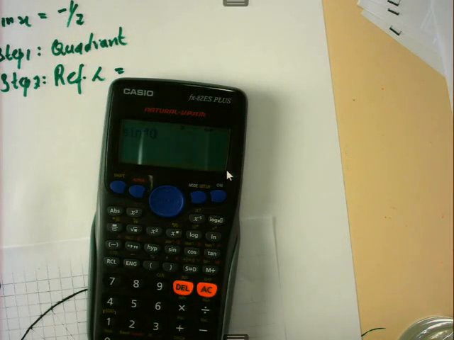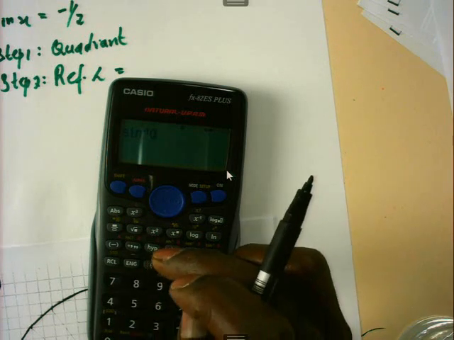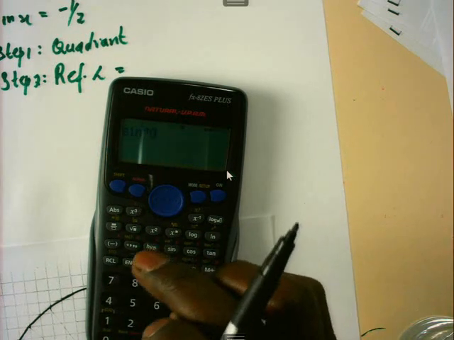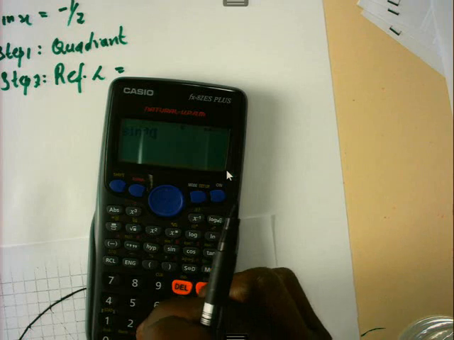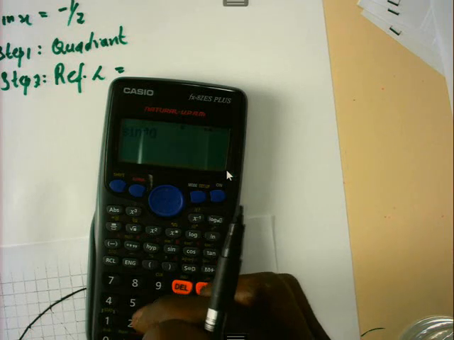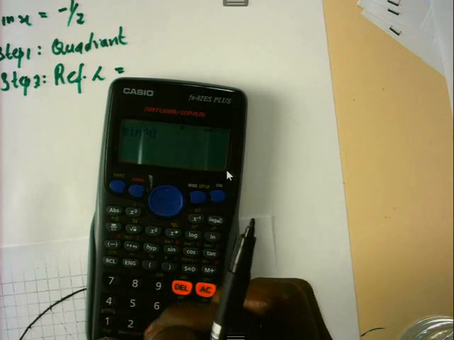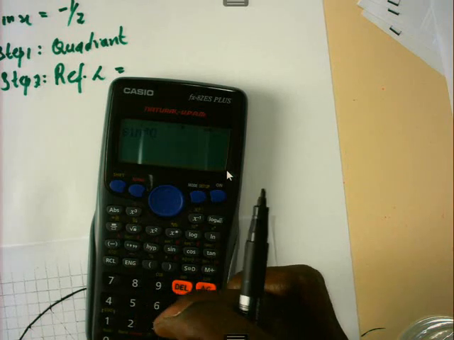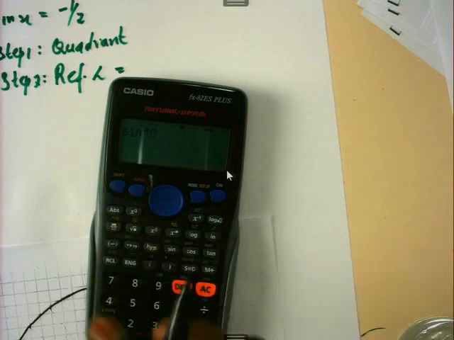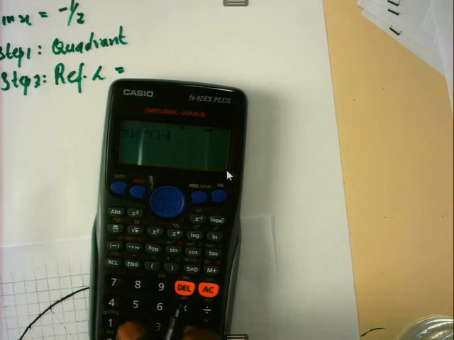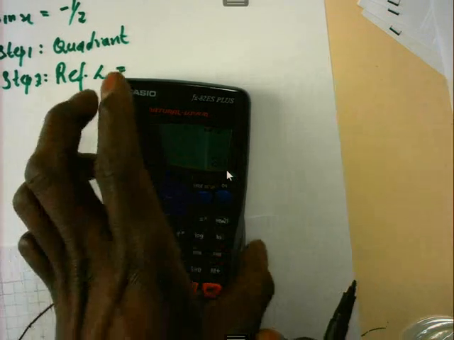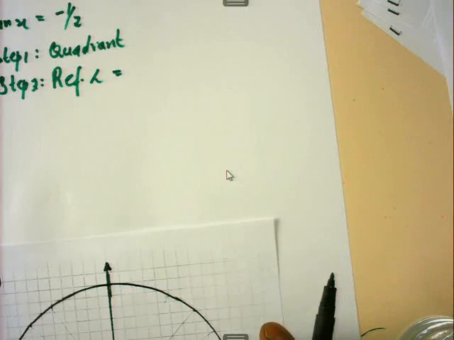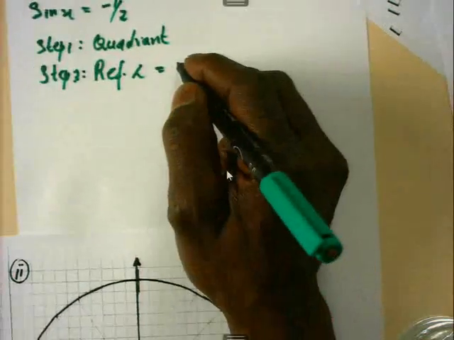I want to press -0.5. I'm not allowed to do that because I've already used the negative sign in step number 1 where I was identifying the quadrant. So I need to press just 1 divided by 2 and then equal sign. My reference angle becomes 30 degrees.